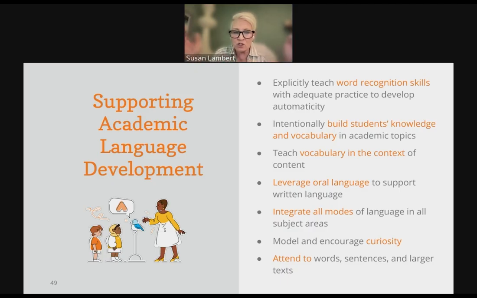Like students should be embedded in a concept for a couple, 2 to 3 weeks, right? And the point there is not the 2 to 3 weeks. The point there is that you need to give them enough instruction and exposure and practice thinking and talking and reading and writing about this topic that they start to build up and build up and build up.